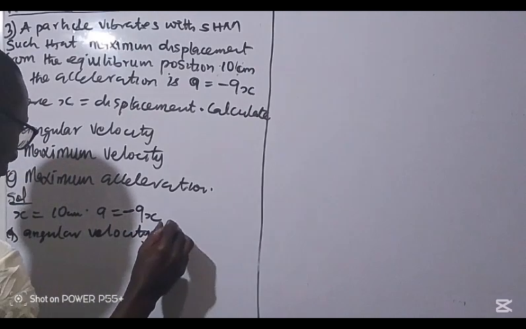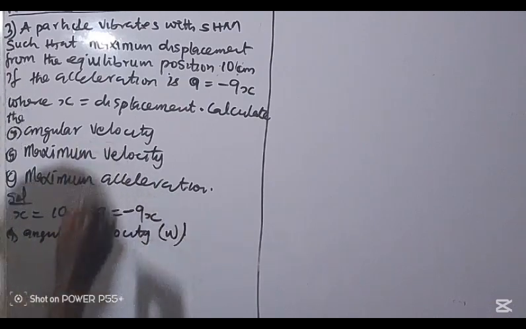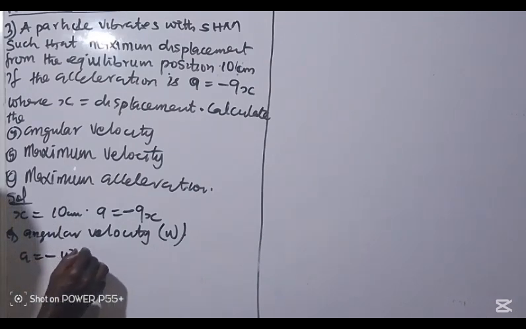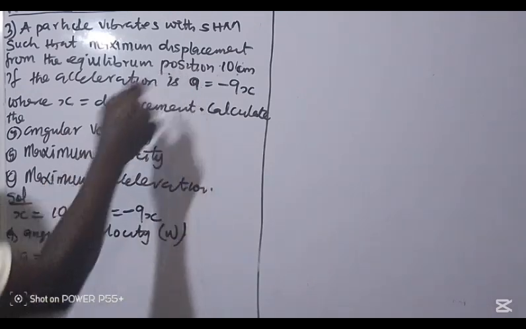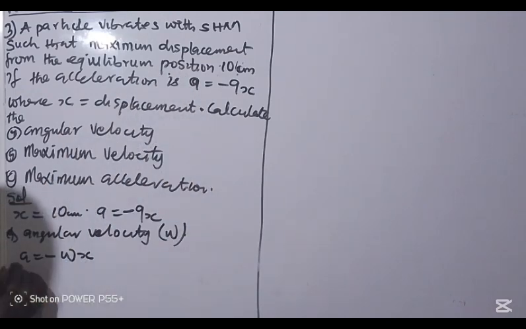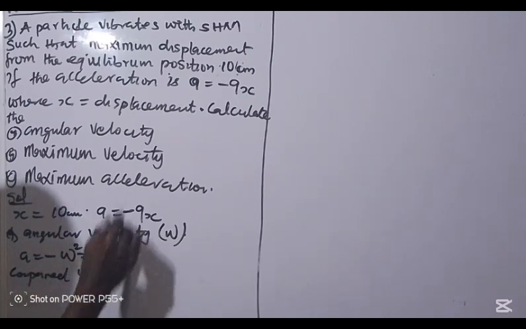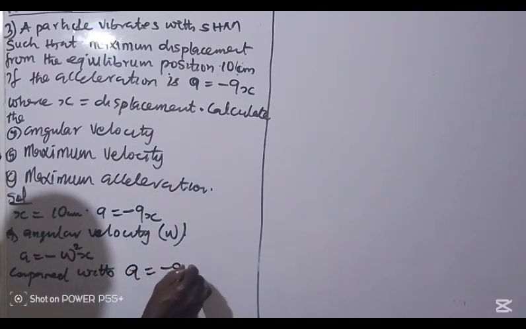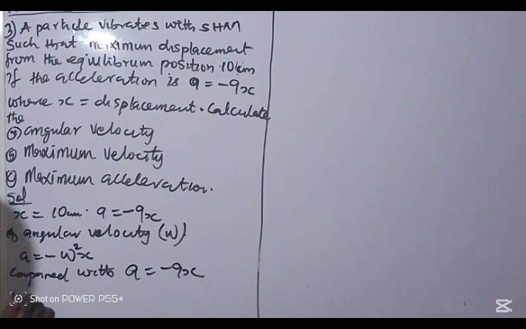If that is the case, for acceleration, we have A equal to minus omega square x, compared with the one given in the question, that is A equal to minus 9s. It means A will be equal to minus omega square s, and A will be equal to minus 9s.